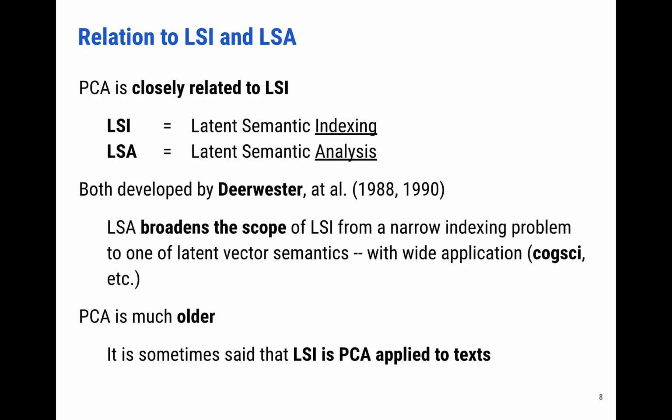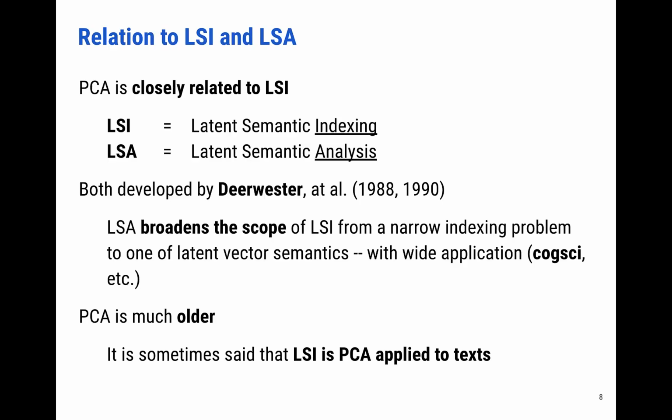What LSA basically does is broaden the scope of LSI from a narrow indexing problem to a much broader and intellectually more interesting problem of latent vector semantics with wide application. In particular, for our interest here, applications in cognitive science, and as we're going to see in our essay from Underwood, into cultural analytics as well.